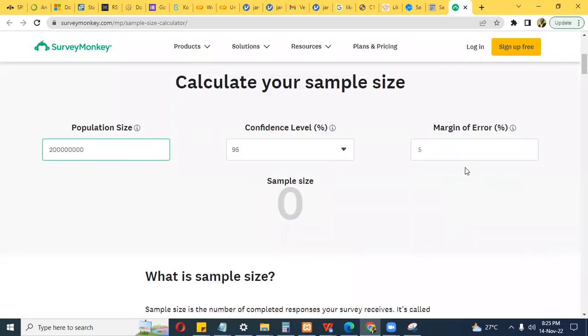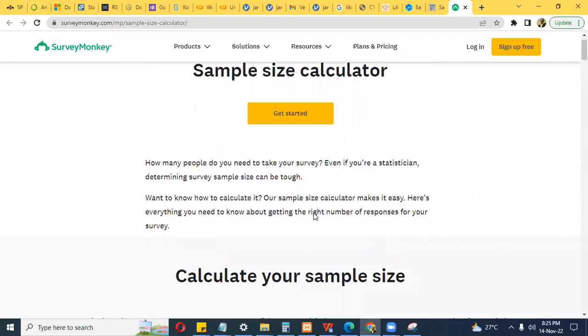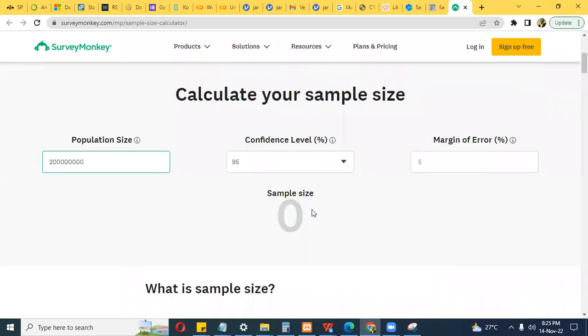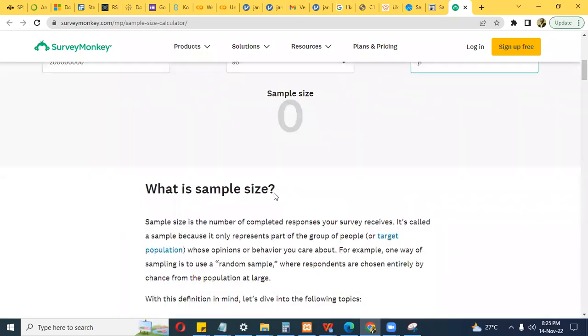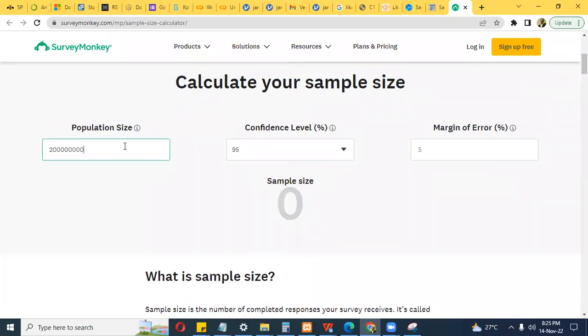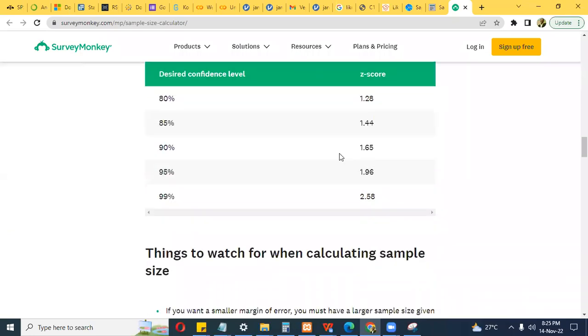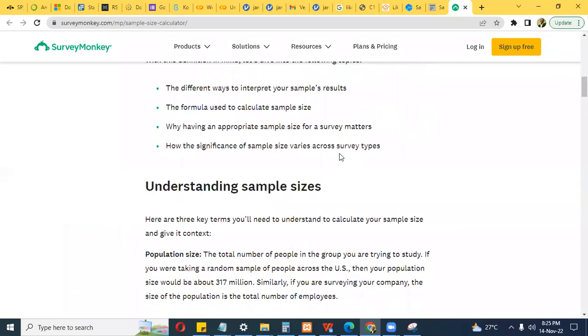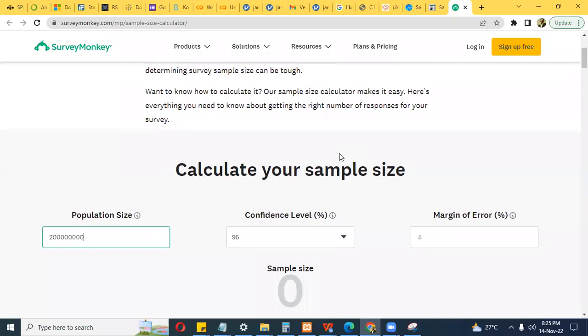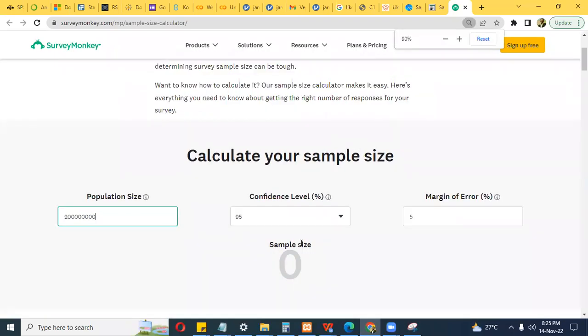You see these defaults. Where's my calculator? Margin of error. Enter. I can't find the calculator on this website, funny enough. I was on mobile this morning and I found it.